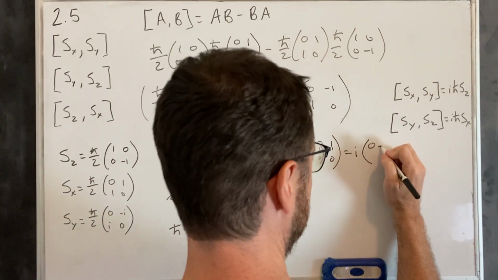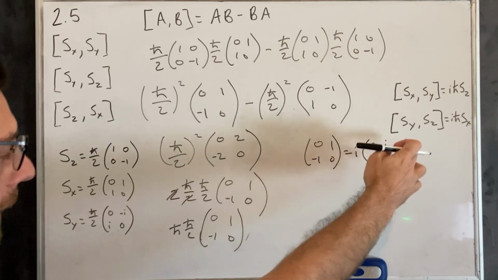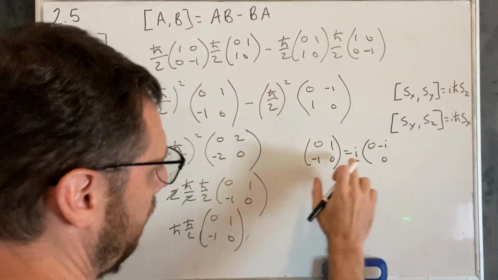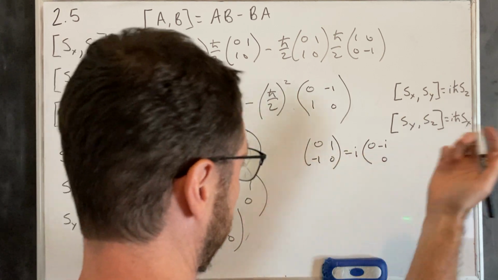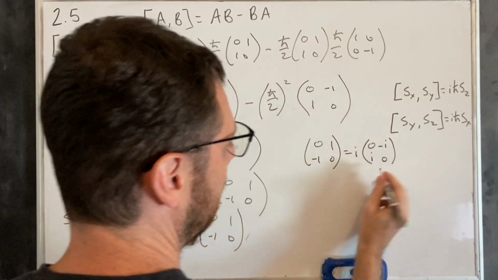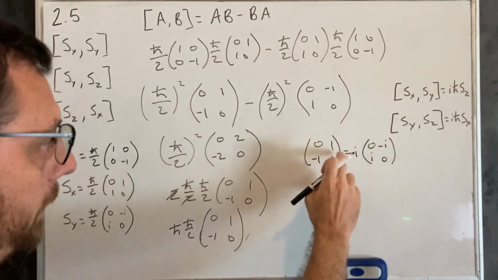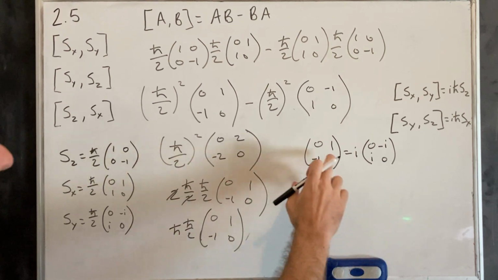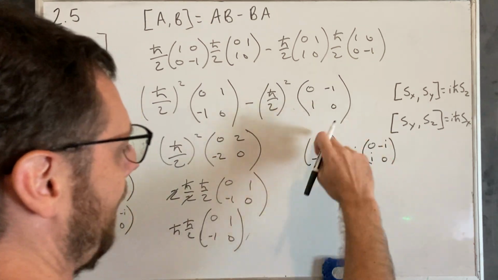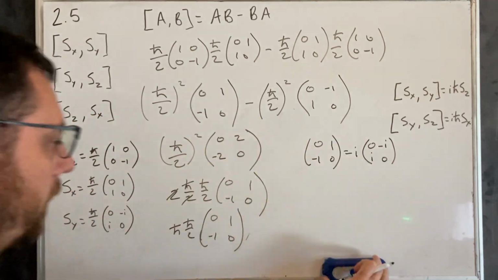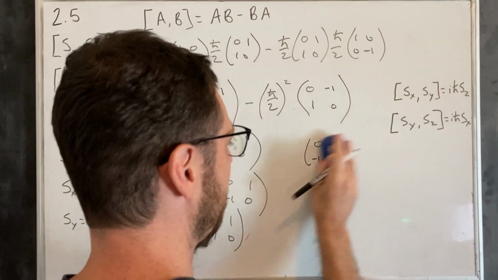You can multiply it with a negative i, because i times negative i is 1. And then how do you get a negative 1 from an i? Well, i squared is negative 1, so i here. So i times negative i is going to be 1. i times i is going to be negative 1. What did I just say? i times negative i is going to be positive 1. i times i is going to be negative 1. So these two are the same. So you can go ahead and pull out an i.